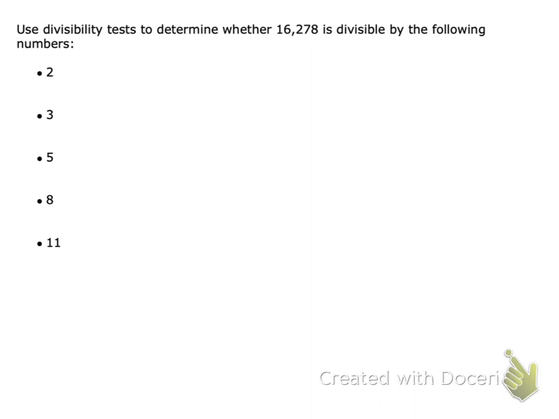Okay, so is it divisible by 2, and how do we know? Good. So it ends in 8. That's an even number, so it is divisible. And notice in this type of problem, I'm not necessarily asking you to divide it. I'm asking you to tell me, can you divide it to get a whole number?